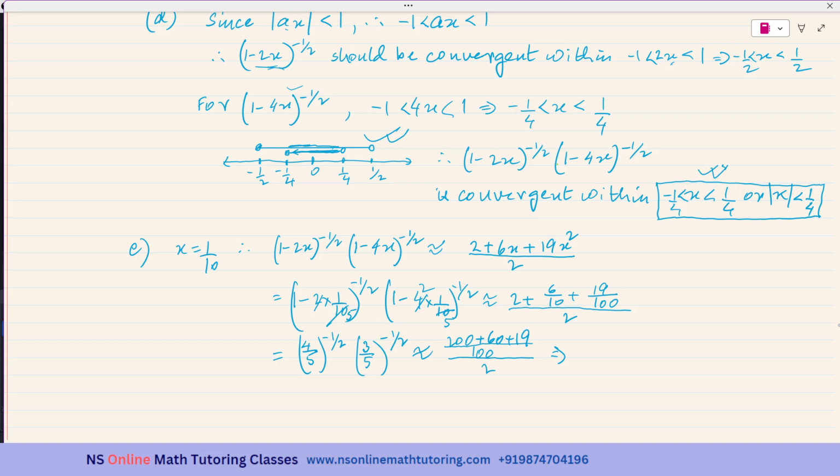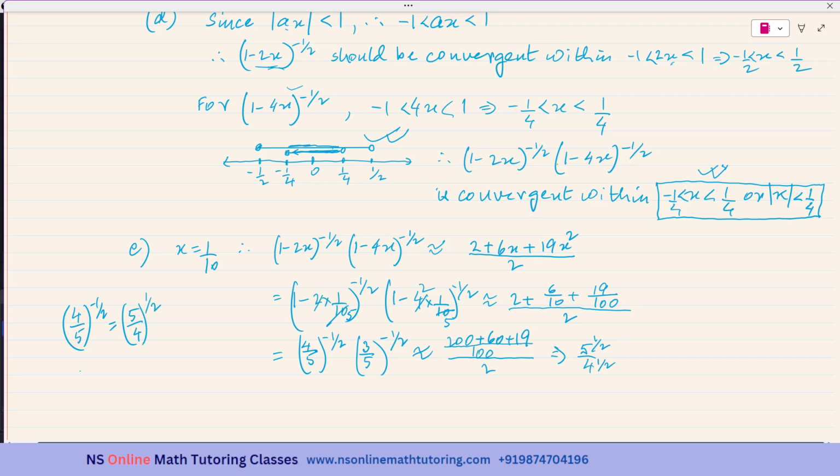Okay, first of all, let me just combine them. It is 4 times 3, or else let me just change this to half instead of minus half. So it is 5 over 4, and I'm just separating 5 to the power of half and 4 to the power of half. Because 4 over 5 raised to the power of negative half can be written as 5 over 4 raised to the power of half.